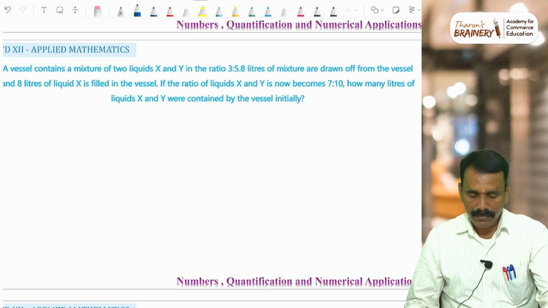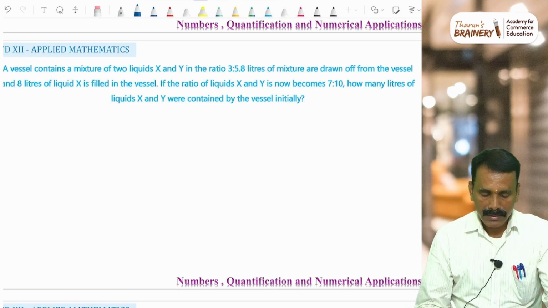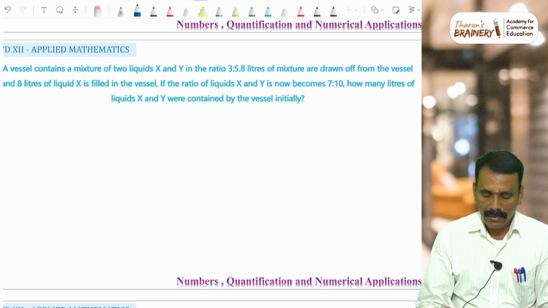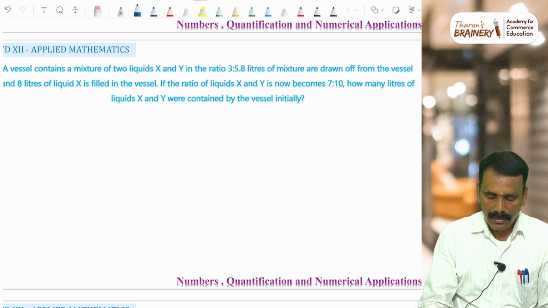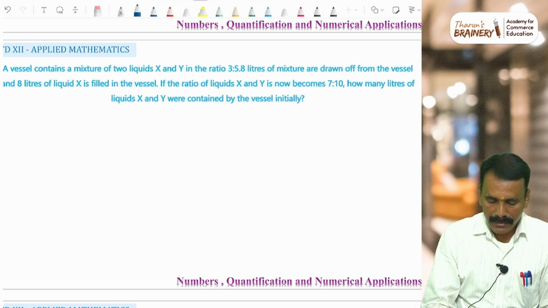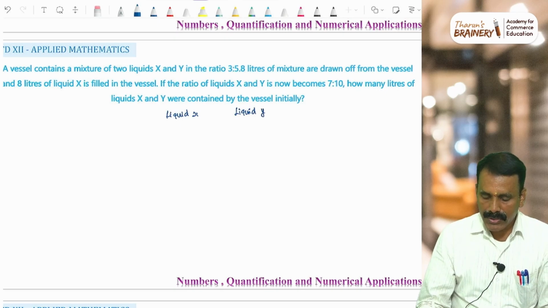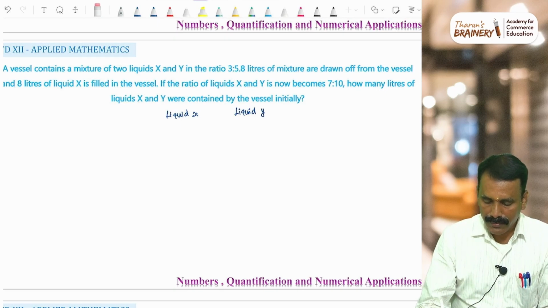This is the question. So you must understand the question first. We are having liquid X, liquid Y, and they are mixed in the ratio 3:5.